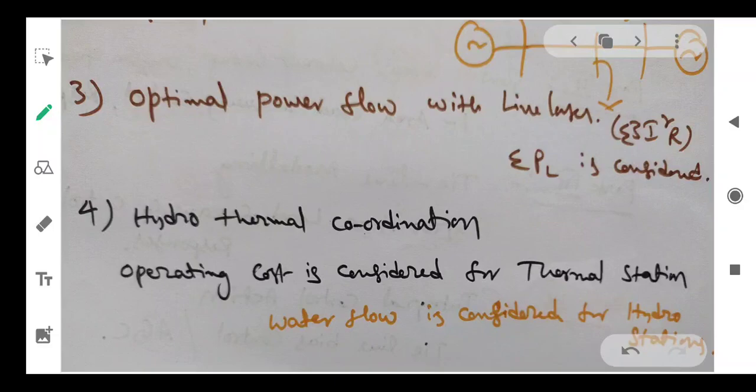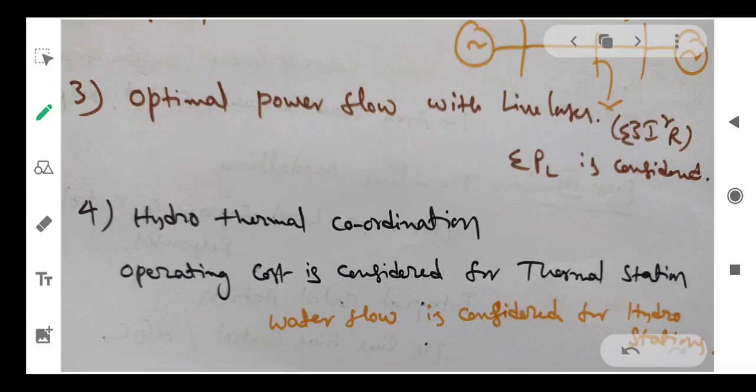Therefore 3I squared R, the summation of 3I squared R losses, are there. Those losses are considered for the optimal operation, in which we will consider the penalty factors. So we will discuss in detail in subsequent videos.